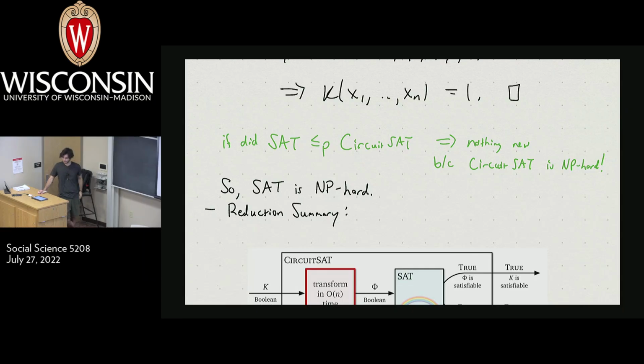Wait, but if you're using circuit SAT to solve SAT, doesn't that mean circuit SAT is the simpler problem? Don't think of it like that. Usually, yes, when you're trying to actually solve a problem, usually it's an easier problem. But when we're doing hardness, it's the opposite.